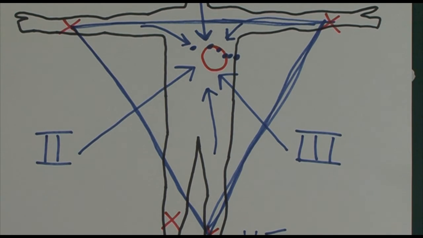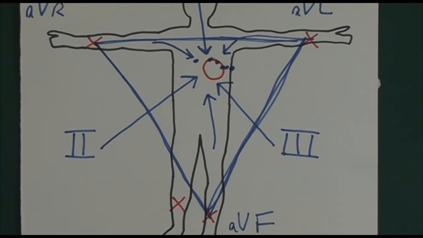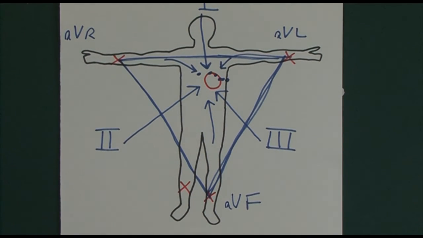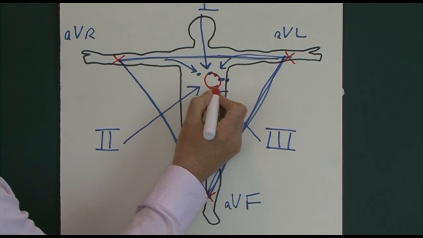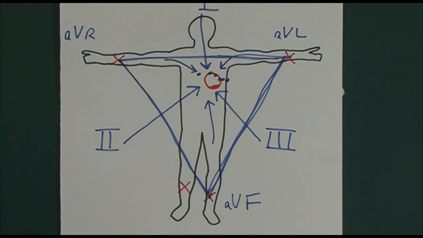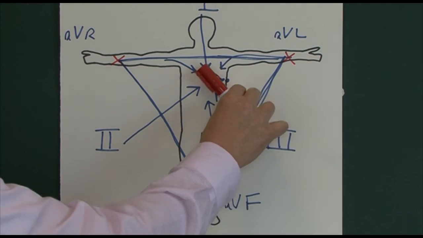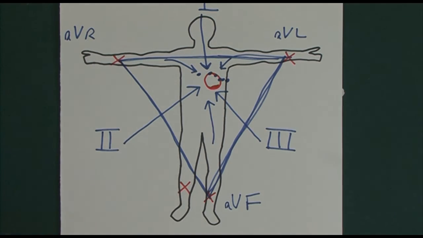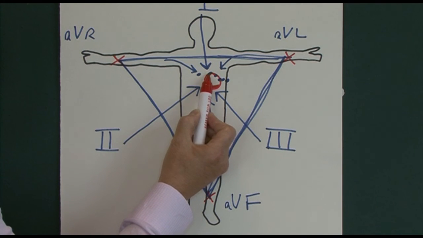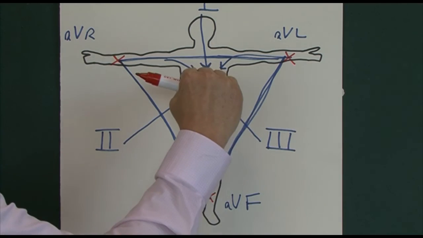So for example, if someone has an inferior infarct, that can be seen on the inferior leads. So if the infarct's at the bottom of the heart, that's going to give ST elevation on leads 2, 3 and AVF. They're the leads that see the bottom of the heart. They're looking at it from the bottom. Or if there's an anterior infarct, that's going to be these leads V1, 2, 3 are on the anterior surface of the chest.